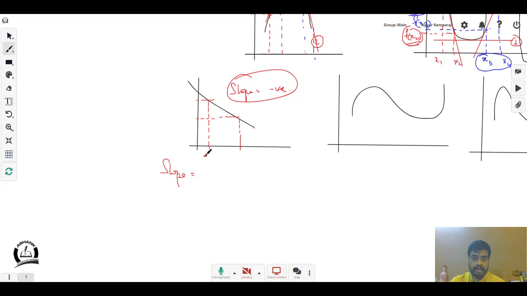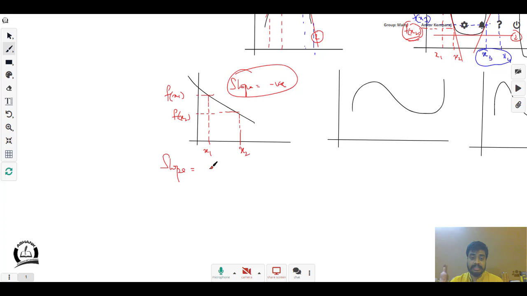Okay, so we have x1, x2, then we have f of x1, then we have f of x2. Slope is change in your range by change in domain, and the definition for change is final value minus initial value, that is f of x2 minus f of x1 divided by x2 minus x1.